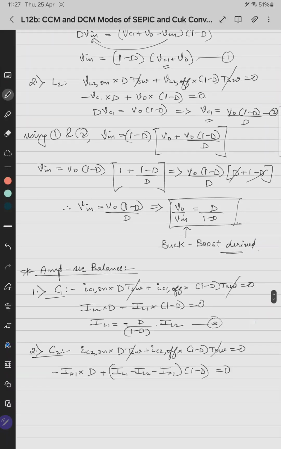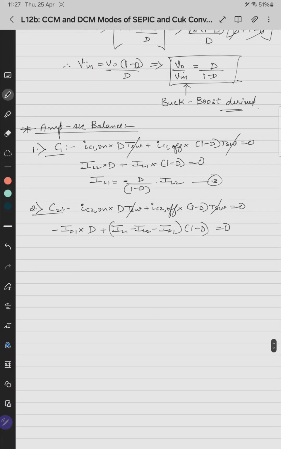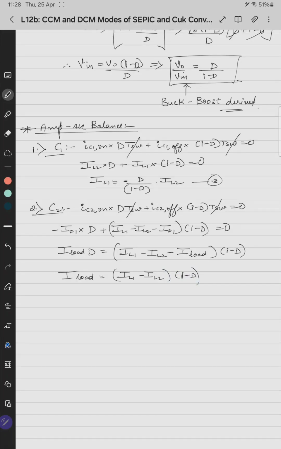So therefore I load into D equals to IL1 minus IL2 minus I load into 1 minus D, or I load is IL1 minus IL2 into 1 minus D. Because this I load will be added here, D will be cancelled, it will be 1. So this is equation number 4.